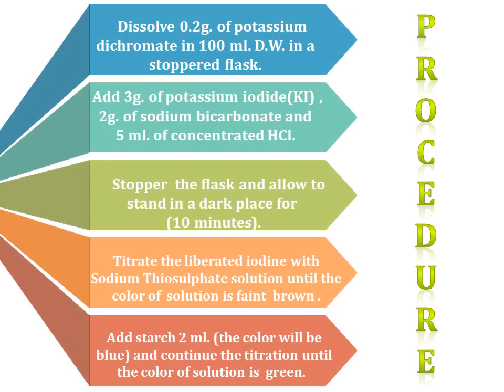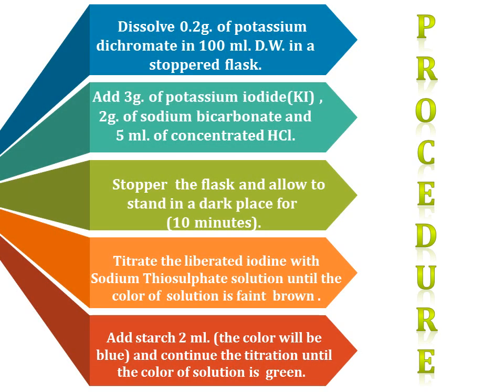Procedure: dissolve 0.2 gram of potassium dichromate in 100 ml distilled water in a stoppered flask. Add 3 gram of potassium iodide, 2 gram of sodium bicarbonate, and 5 ml of concentrated hydrochloric acid.